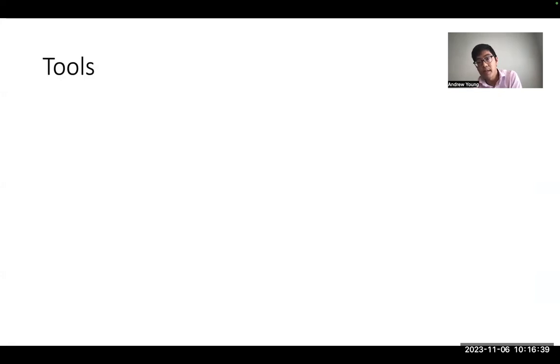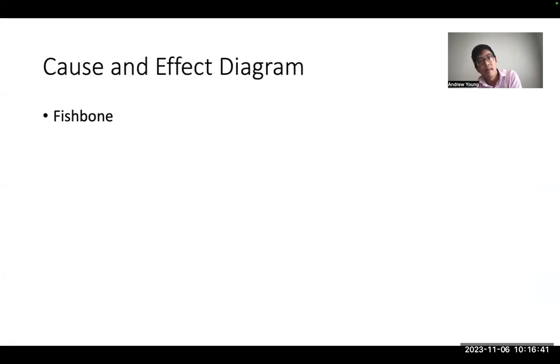So what's the focus of today? This will be very brief, but I'm going to be talking about 2 tools. One is a fishbone diagram and one is a driver diagram. You may or may not use one or both of them in your QI project, but you'll see these tools in QI a lot.